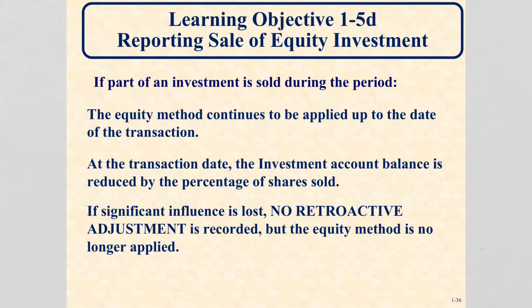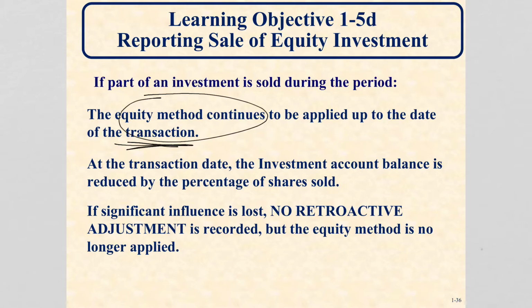Continuing then, if part of an investment is sold, I know I'm reading the language here, but this is just informational. Part of the investment is sold, and you're talking about an investment where you're using the equity method. The equity method continues to be applied up to the date of the transaction.